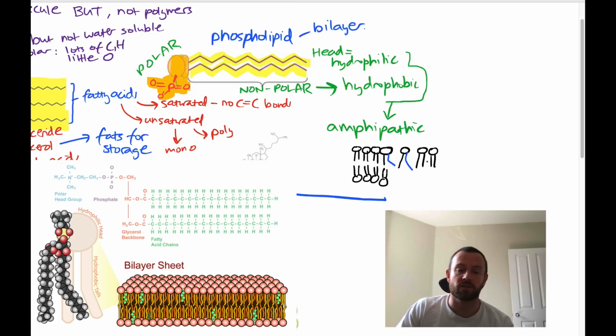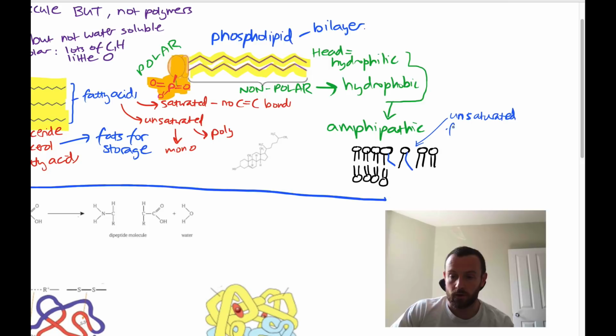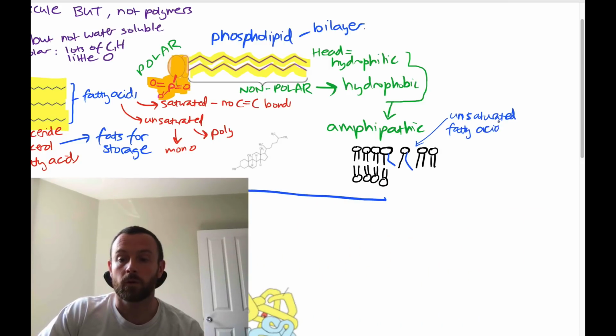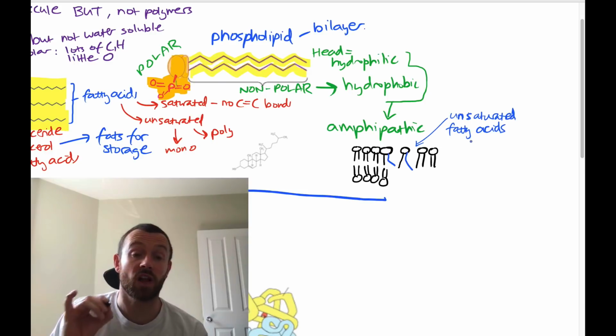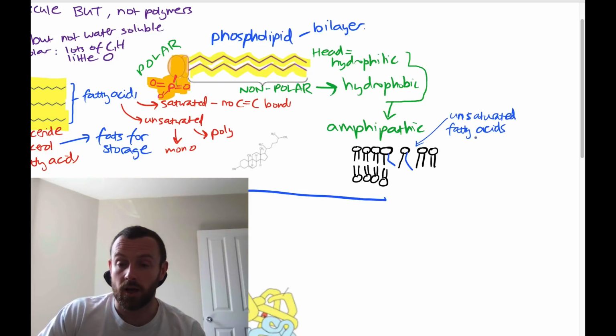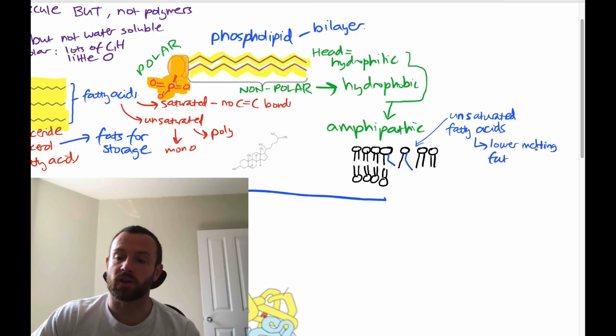So fats which have a higher proportion of unsaturated fatty acids tend to have a lower melting point. If we're talking about a physical fat, for example, like olive oil.